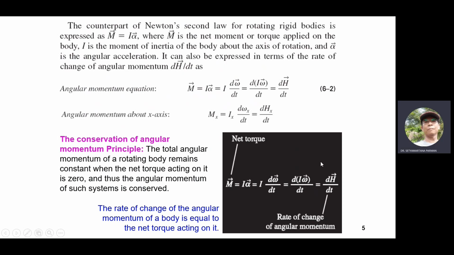In this equation, we can see that the rate of change of angular momentum, I omega, of a body is equal to the net torque acting on it. So M equals I alpha, which equals the rate of change of angular momentum with respect to time.